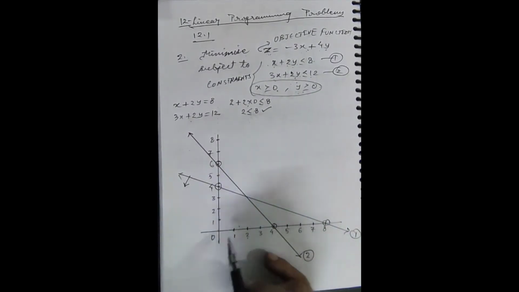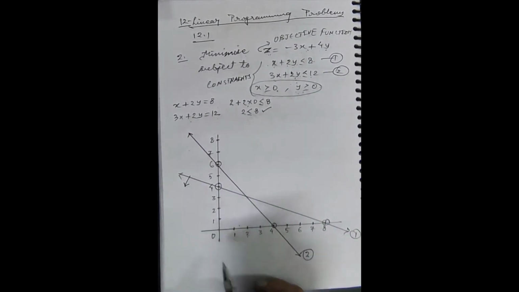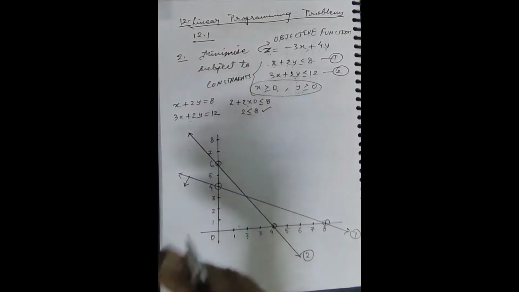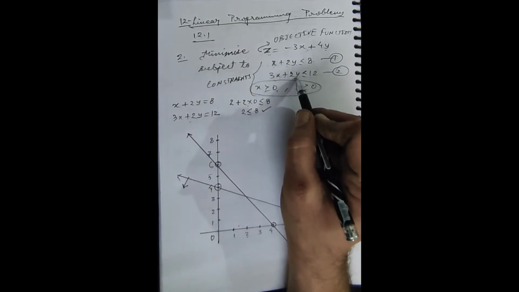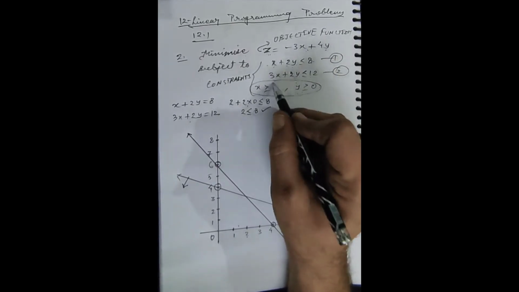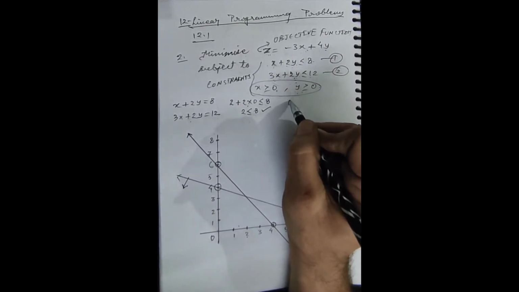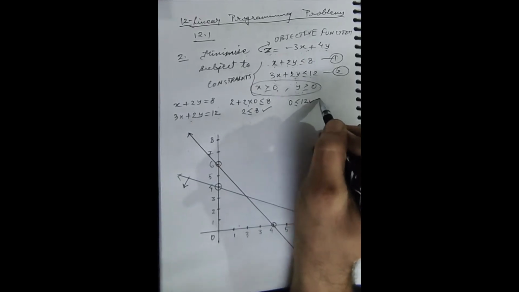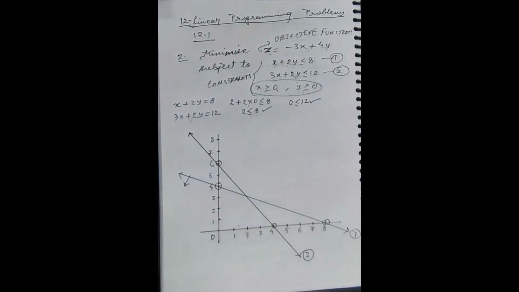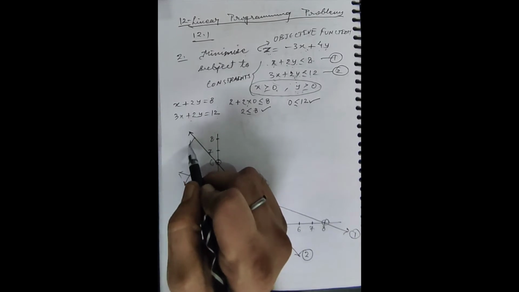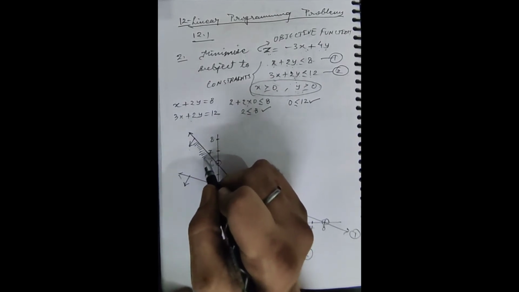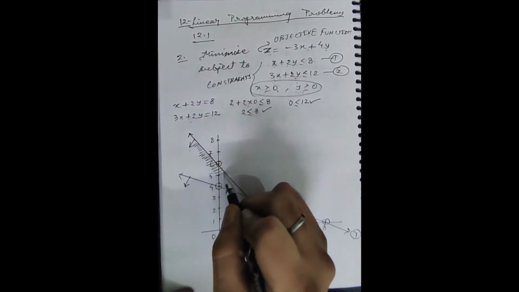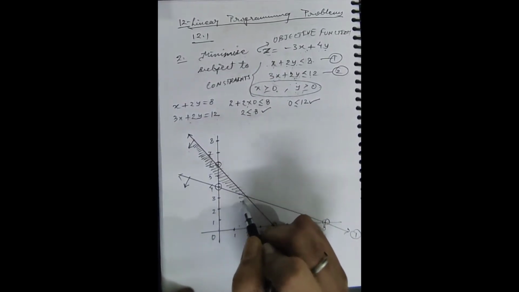We can pick one point, and the origin can also be taken, to see whether we have to shade towards the origin. Let's take the origin this time. If I put x and y as 0 each, the left hand side becomes 0, which is less than or equal to 12, which is a correct statement. So that's why we have to shade towards the origin. This was the shading part. Now we can put small dashes to show the shaded region direction.